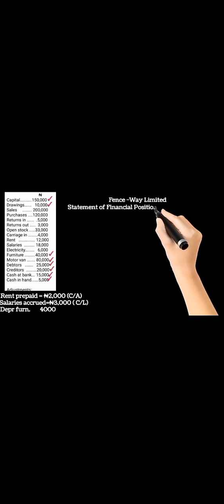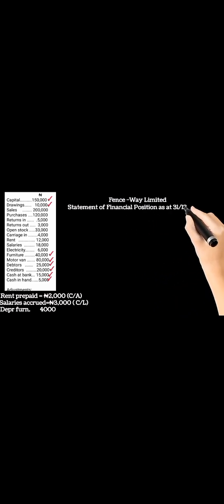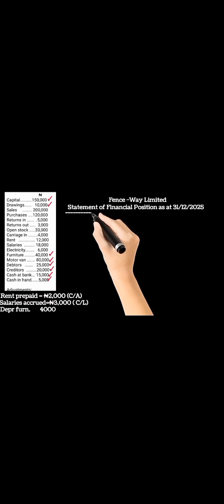So we are going to take a look at the statement of financial position, where we are going to group the assets one side and the liabilities one side. Do you know that the capital is a liability of the business to the proprietor? That is why it has to appear on the liability side of the account.